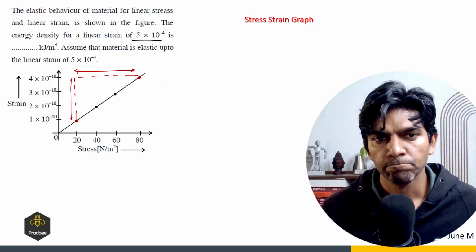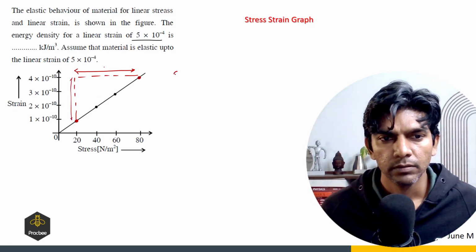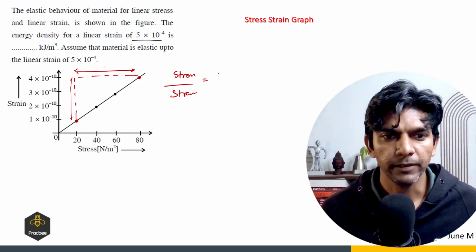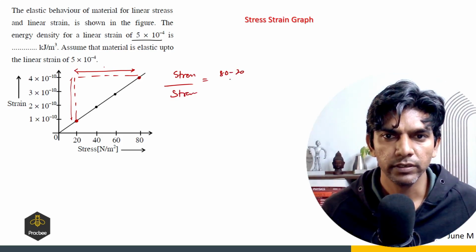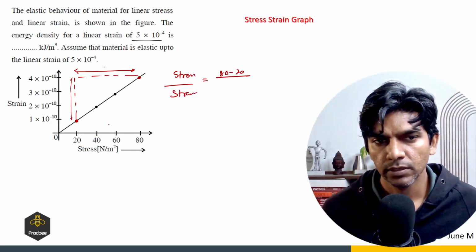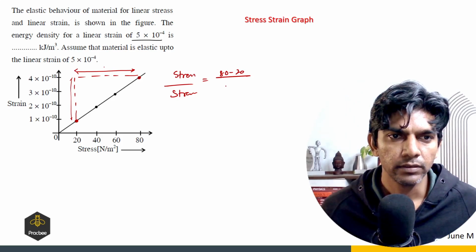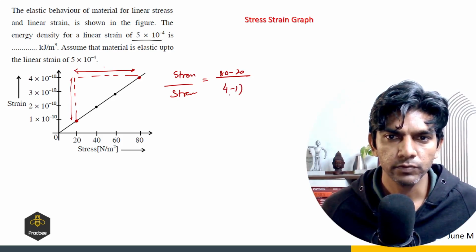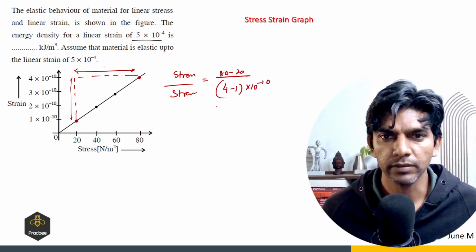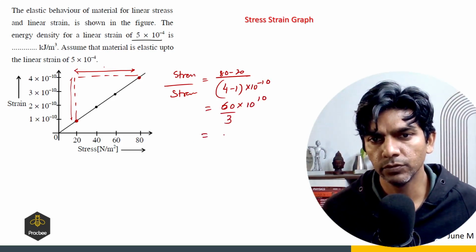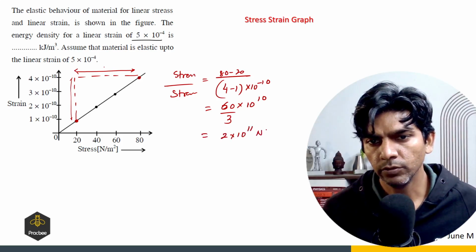So we can say stress upon strain will be 80 minus 20 divided by, because the slope will give us the Young's modulus, 80 minus 20 divided by 4 minus 1 into 10 raised to power minus 10. So it will be 60 by 3 into 10 raised to power 10. So that will be 2 into 10 raised to power 11 Newton per meter square.